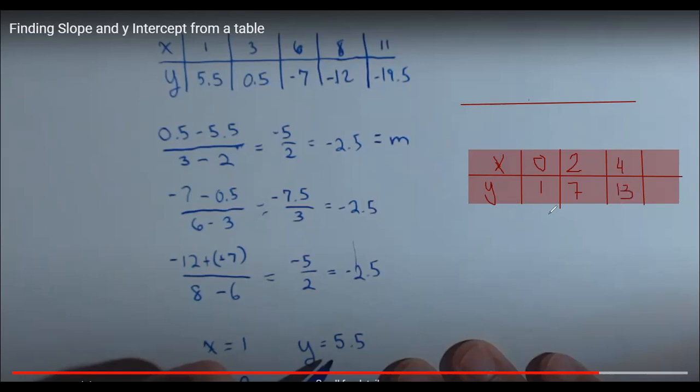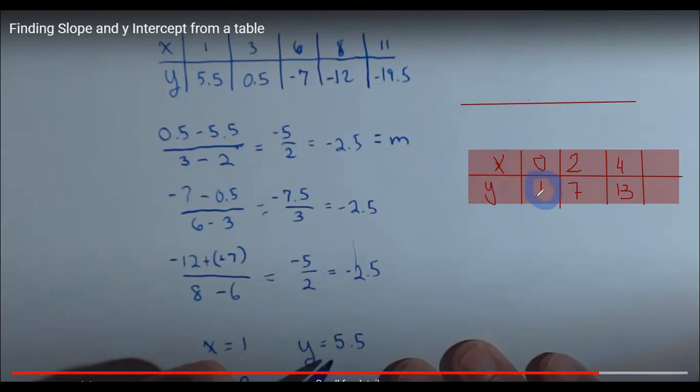If I want to calculate the y-intercept in this question, how are we going to find it? The y-intercept here will be directly equal to 1. Why? Because the table gives us the value of y when the value of x is 0.